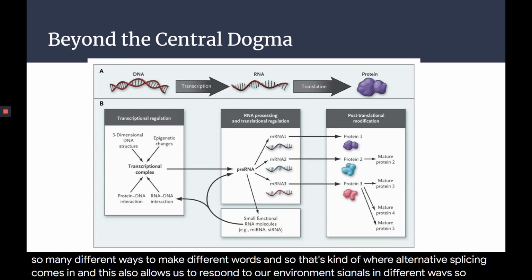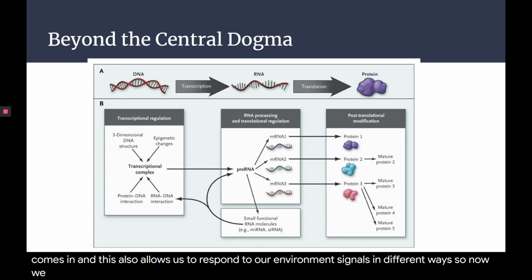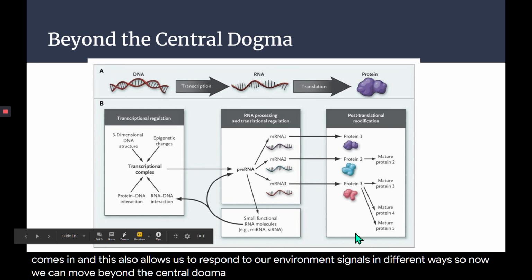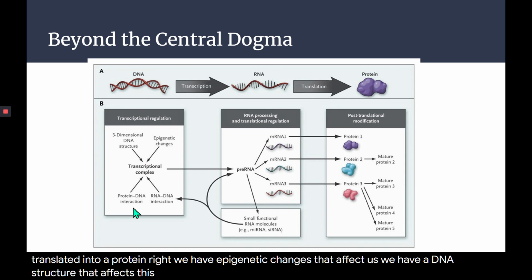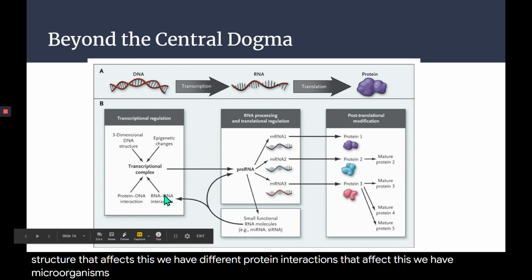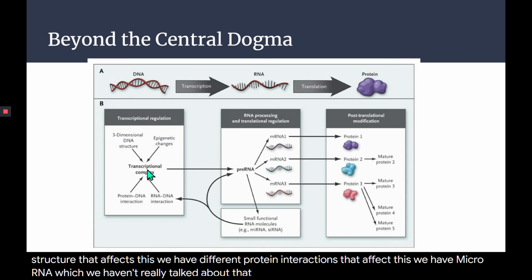So now we can move beyond the central dogma, because it's not simply that DNA is transcribed into RNA and that's translated into a protein. We have epigenetic changes that affect this. We have DNA structure that affects this. We have different protein interactions that affect this. We have microRNA, which we haven't really talked about, that can affect this.